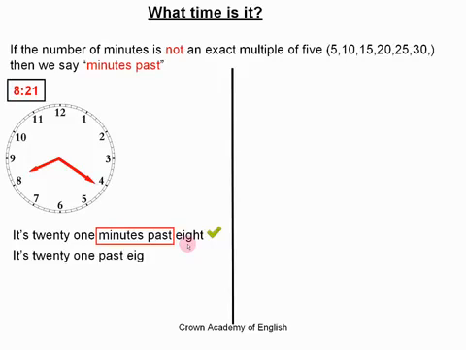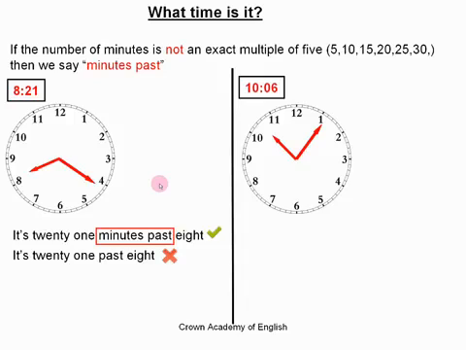And we do not say it's 21 past 8. Okay? Like we saw before. If it was 8:20, then yes, we can say it is 20 past 8. But since it is 21, we have to say minutes past.